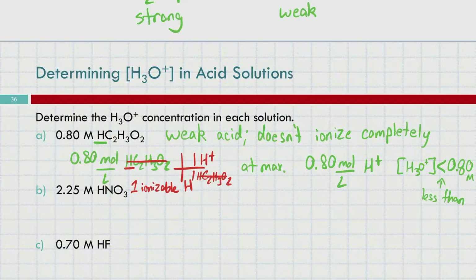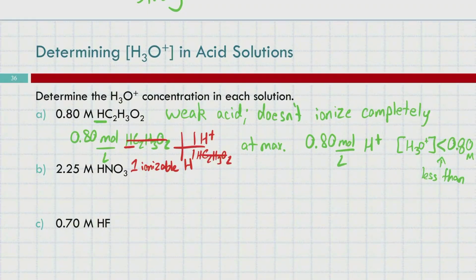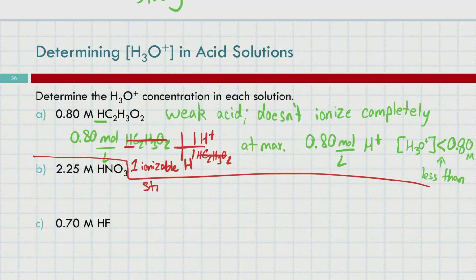All right, moving on to B, 2.25 molar HNO3, nitric acid. Is nitric acid a strong or weak acid? Strong. It is a strong acid. What does a strong acid do when it dissolves?